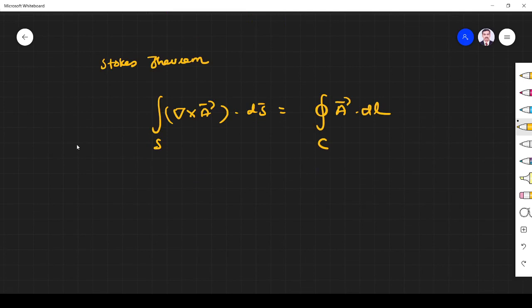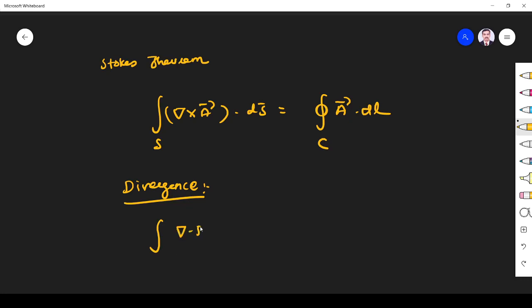Right? So if you want the detail about Stokes theorem and all, please refer my video on EC8451 series. Right? I have covered in detail. It is very easy to remember why line and surface are related. Everything I explained. And for divergence theorem, it is the integral of divergence of D dV, equal to D dot ds. It relates volume and surface.